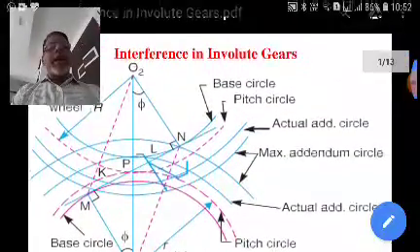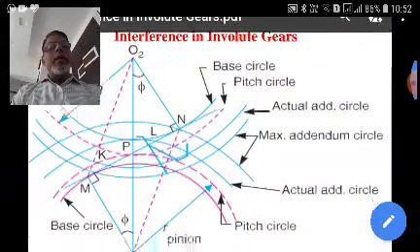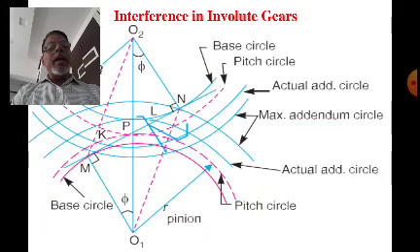Now from this diagram, this MP can be written from this triangle O1MP. This is a right angle triangle, and this MP means O1P sine phi, and this PN, which is the maximum length of path of recess, we can write in terms of O2P sine phi, right?